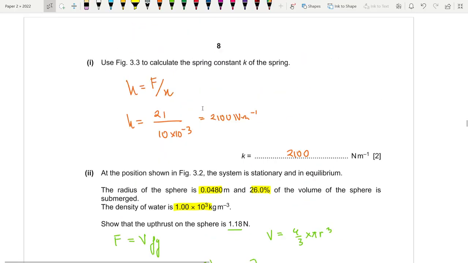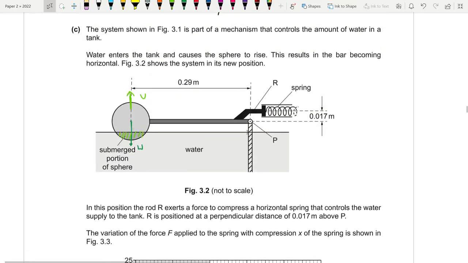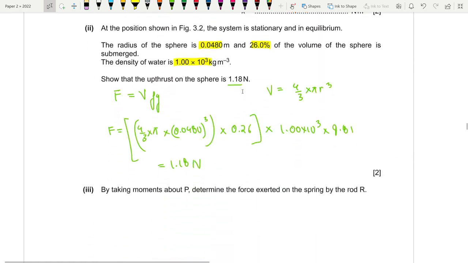The force exerted on the spring by this specific rod R, by taking moments, right? We are going to take moments about P. Okay, so P is our pivot.